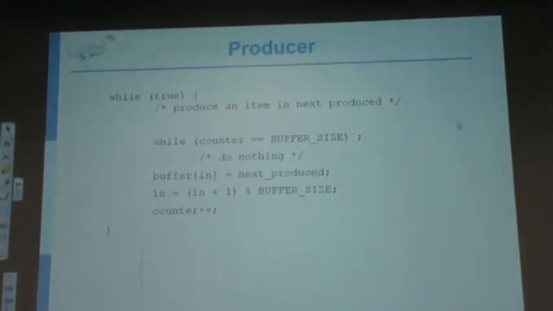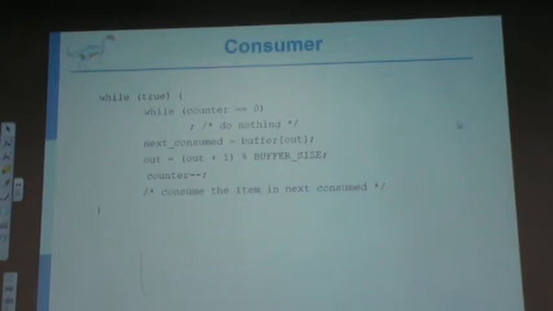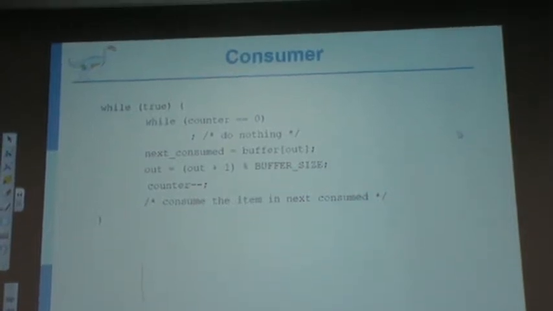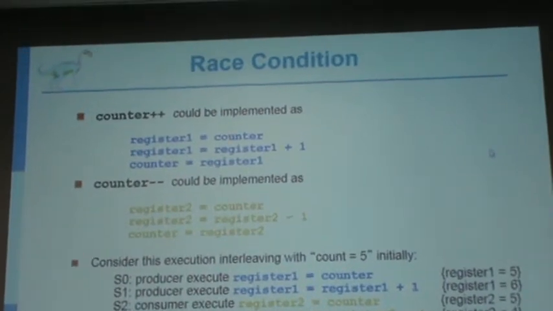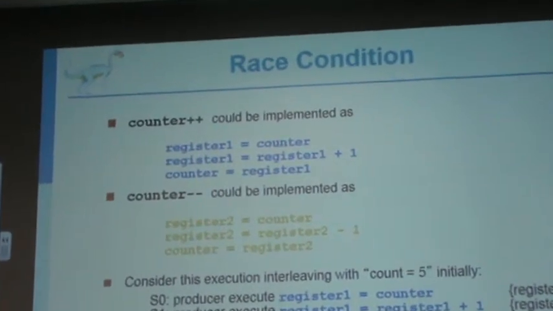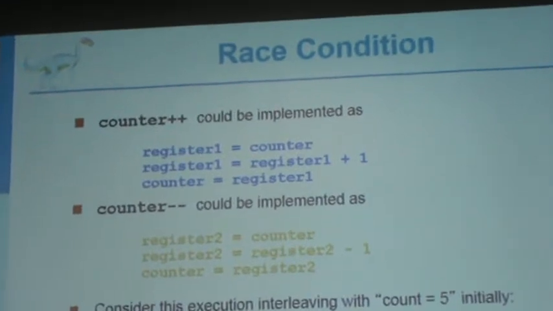What about counter plus plus? It increases the value by 1. Counter minus minus means it decreases the value by 1. If we use instructions, we can divide such an operation into 3 instructions.